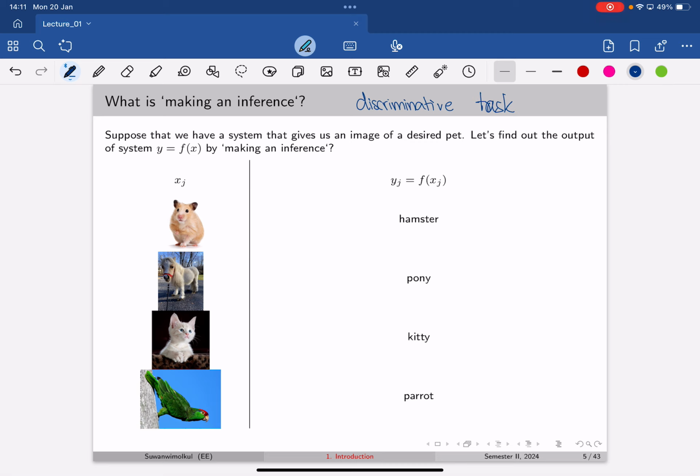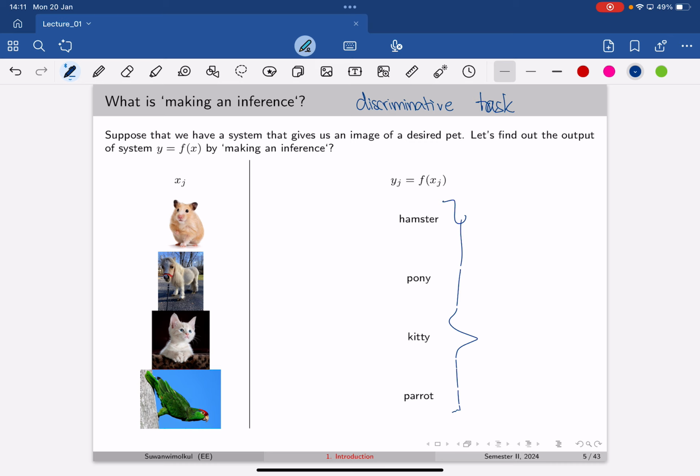Inference for a discriminative task or other task are something very similar. You are receiving input and you're providing an output. But the reason for me to call this one discriminative is because the space of your output is limited. In this case, it is the classes of the animal in the picture.